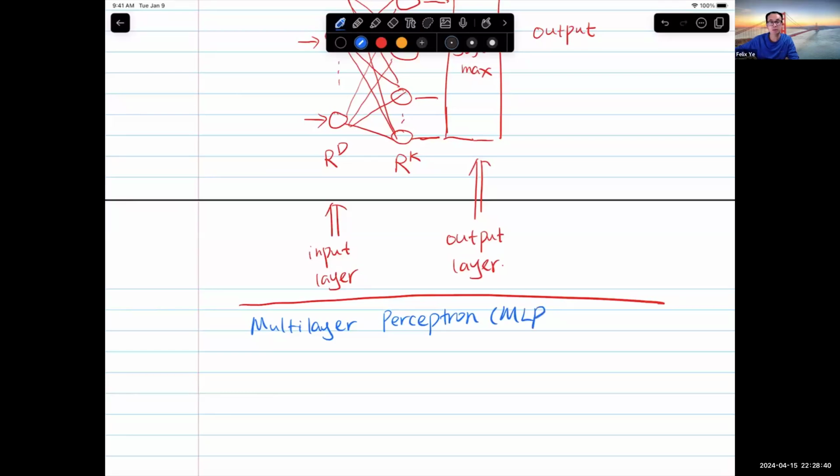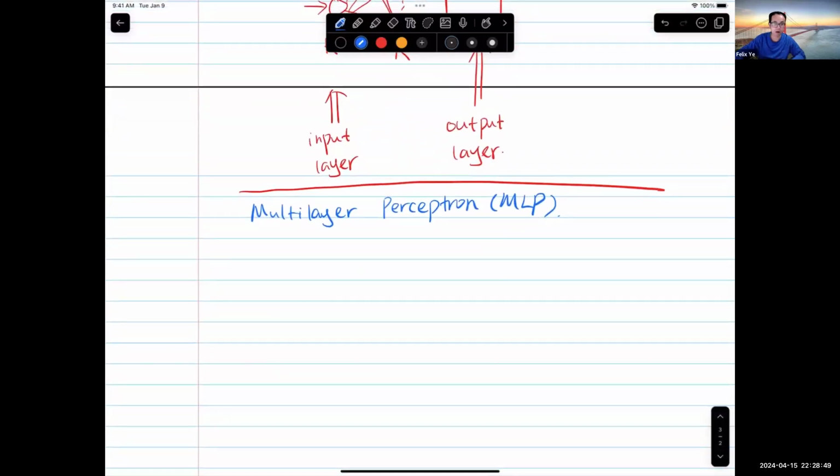So let's talk about the MLP. It's slightly more complicated than logistic regression.